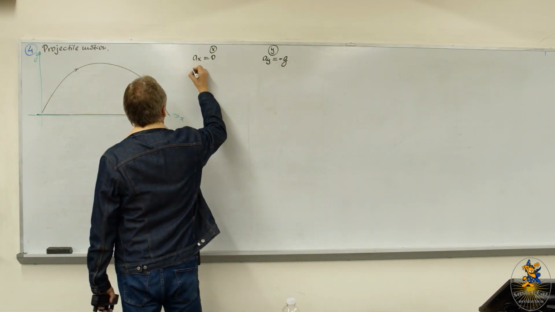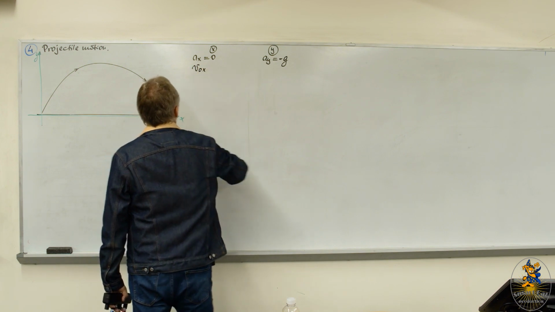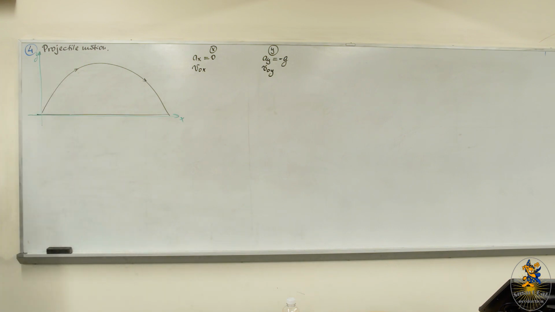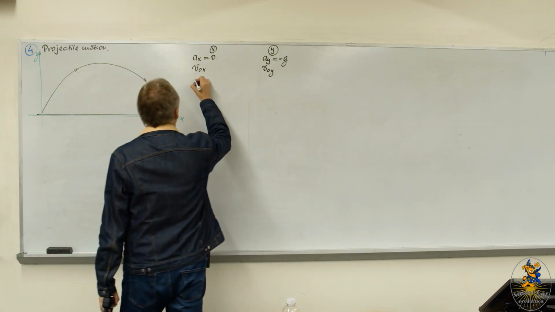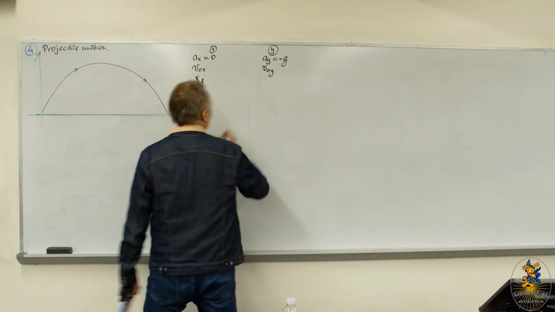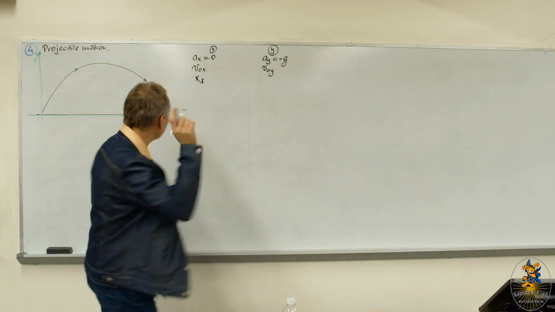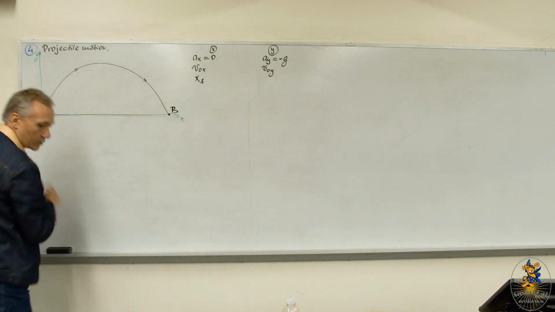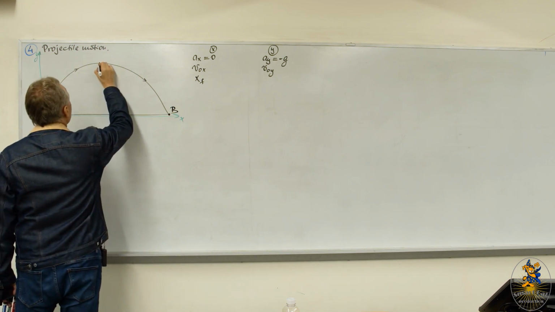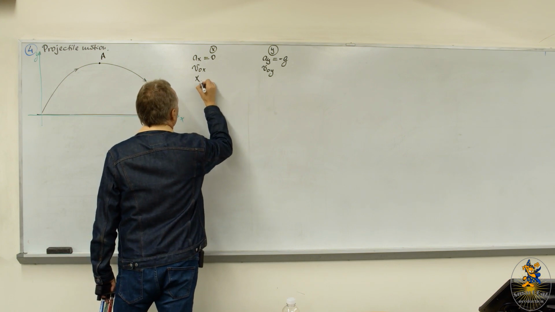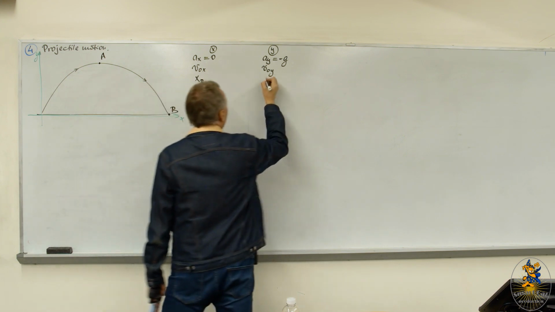Then initial velocity, we have nothing. We don't know. We'll have to find it. So we don't know that. Then final x, we don't know final. Actually, which way do I label it? I think, okay, let me label this final point as point B and the top point, no, the initial point as point A. Right. So this will be x_B. Not given.